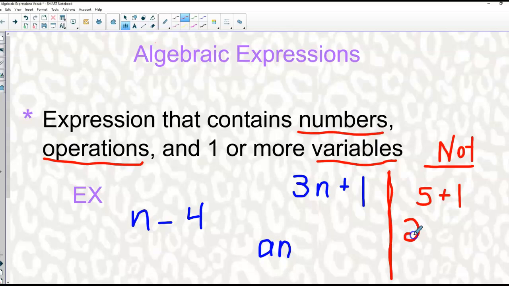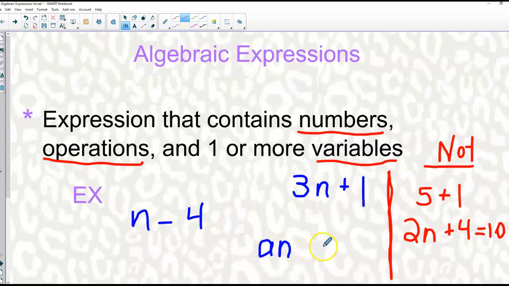I could have 2n plus 4 equals 10. Another thing an algebraic expression cannot have is an equal sign. Because it has an equal sign, it is not an algebraic expression. As you can see in these examples that I showed you, none of these have an equal sign.